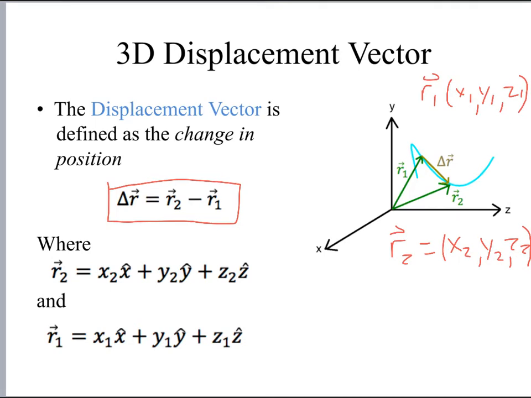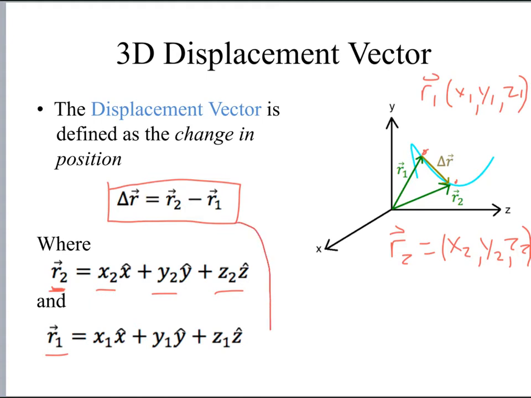Those are the points that those vectors point to, and of course I can use those as the components in the vector notation form that we've seen with x hat, y hat, and z hat. So I can simply say that my R2 vector is x2 in the x hat direction plus y2 in the y hat direction plus z2 in the z hat direction, and similarly for R1 with the components x1, y1, and z1. Again, remember, these are just numbers. You know, x1, y1, z1 could be 3, 7, minus 4. Whatever numbers they point to, those would be the numbers of those components.